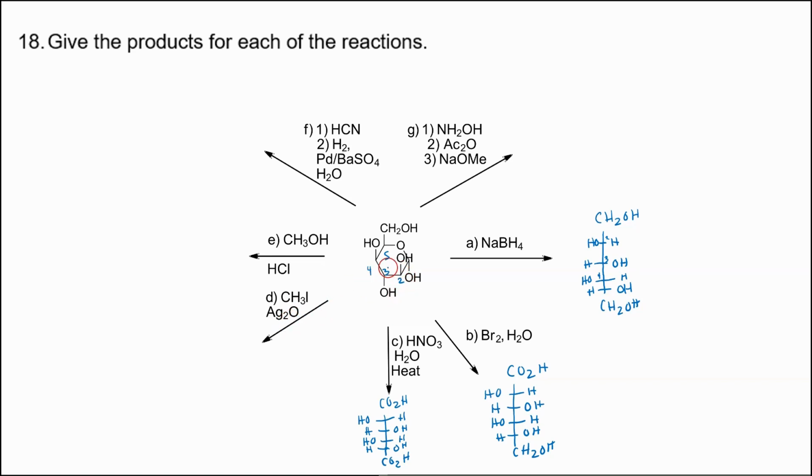For methyl iodide, we can leave that in the cyclic form. That one's going to methylate all the alcohols. Methanol will just do the hemiacetal. Kiliani is going to add a carbon.